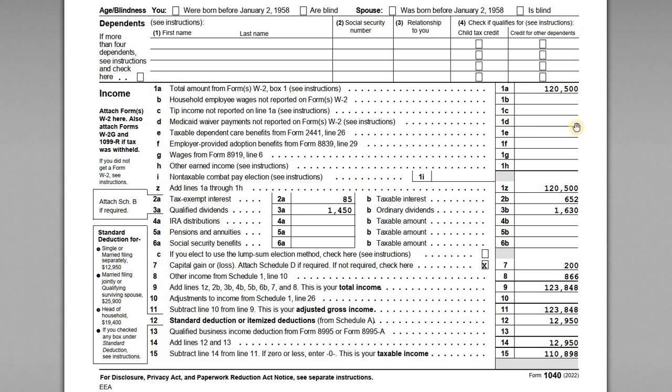So Jacob's got his wages up here, the federal wages. All of that's going to be just Florida source because that's where he lives and works. He's got the investment income here, so taxable interest income. $85 of Florida municipal bond interest is tax-exempt interest for federal purposes. And he's got the dividend income down here on lines 3A and 3B, capital gain distributions of $200.